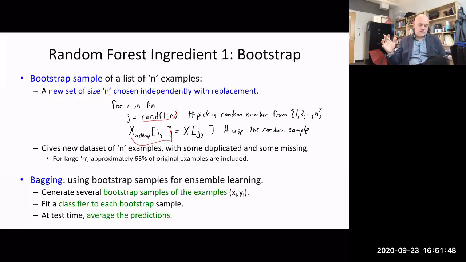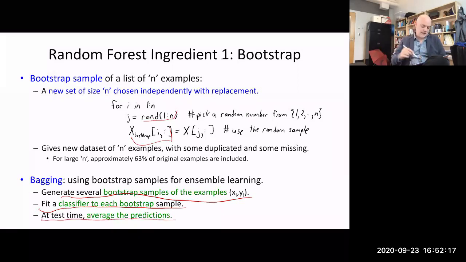Then the next part of random forest, and basically we're done after this, is called bagging, where you use the bootstrap samples for ensemble learning. So basically you generate several bootstrap samples of the examples, of size n, for instance, right? And you fit a classifier to each bootstrap sample. In particular, you fit a depth-constrained decision tree to each bootstrap sample.